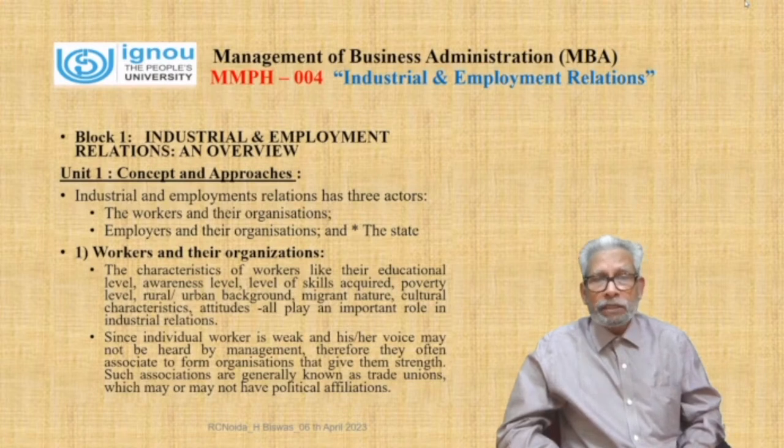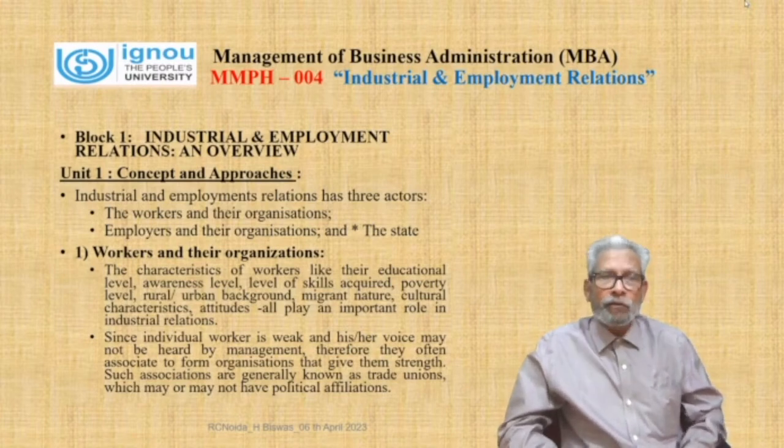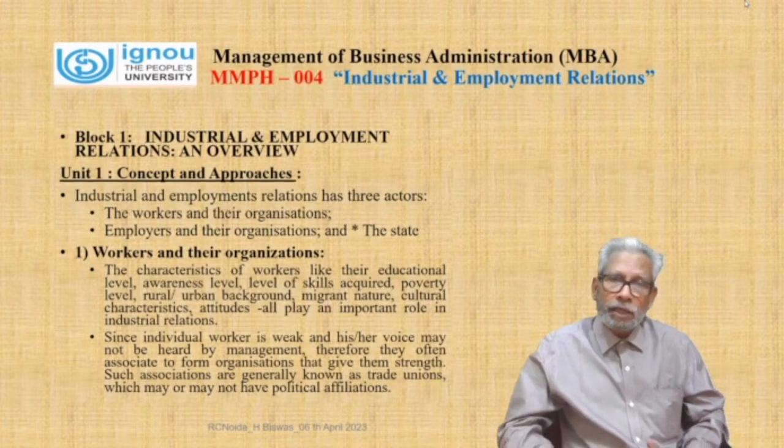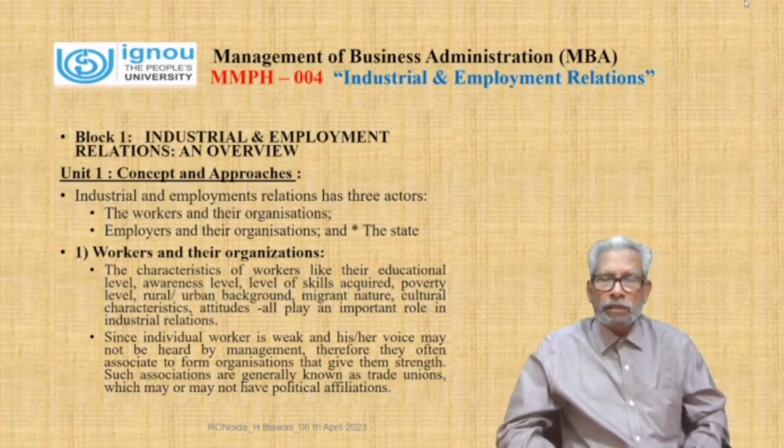Since an individual worker is weak and his or her voice may or may not be heard by the management, they often associate to form organizations that give them strength. Such associations are generally known as trade unions, which may or may not have a political affiliation.